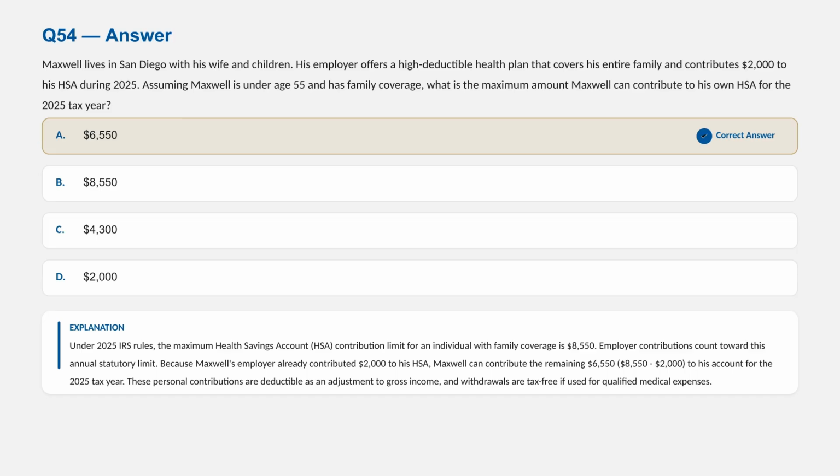Because Maxwell's employer already contributed $2,000 to his HSA, Maxwell can contribute the remaining $6,550, $8,550 minus $2,000, to his account for the 2025 tax year. These personal contributions are deductible as an adjustment to gross income, and withdrawals are tax free if used for qualified medical expenses. Great, now let's move to our next question.